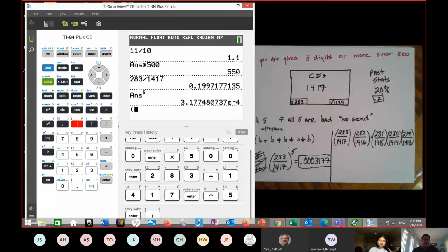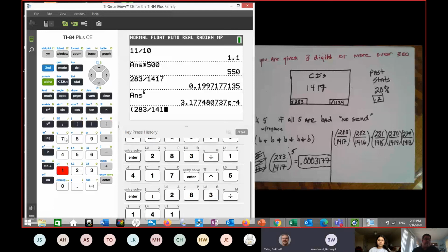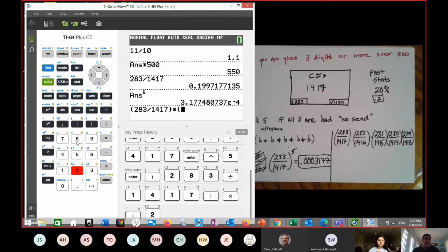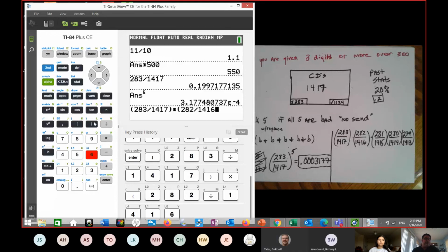Parentheses 283 divided by 1417, close parentheses, times open parentheses 282 divided by 1416, close parentheses, 281 divided by 1415.